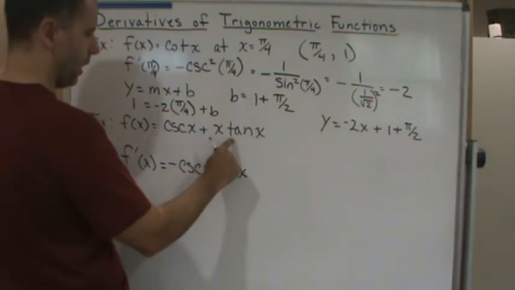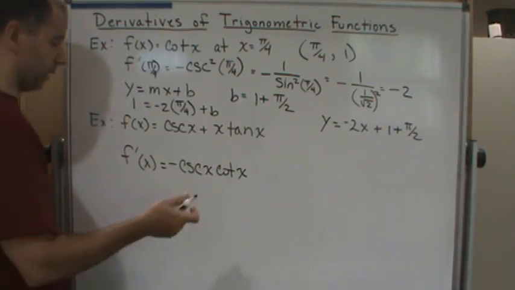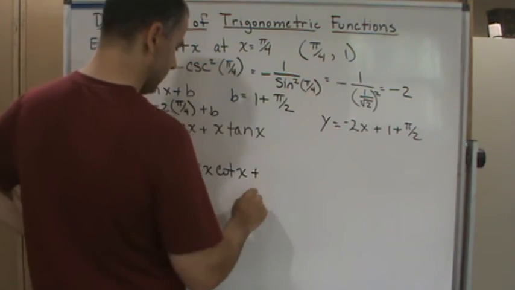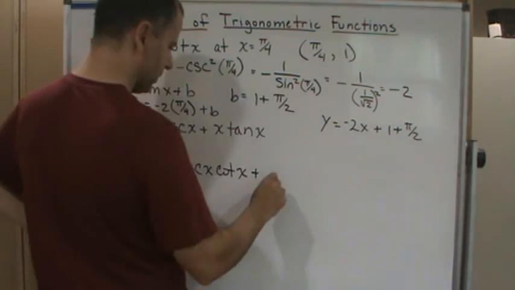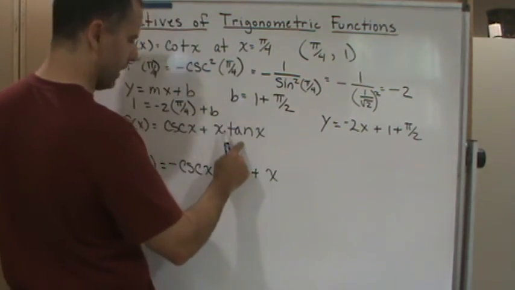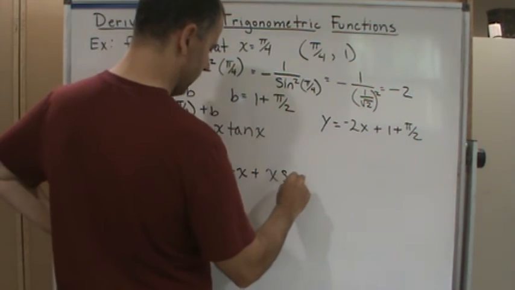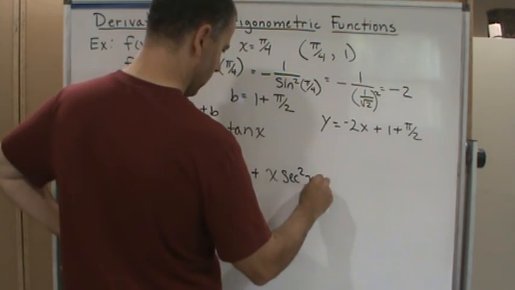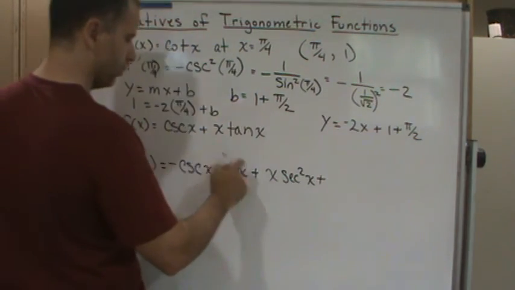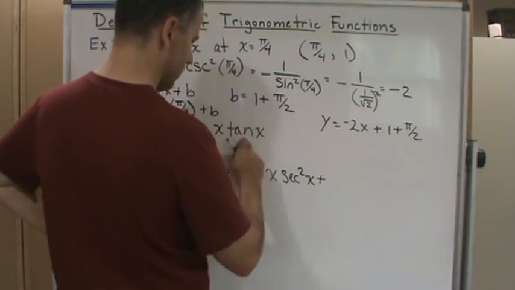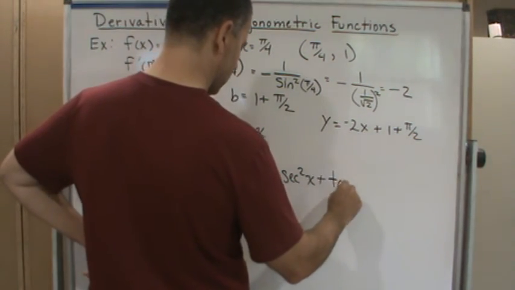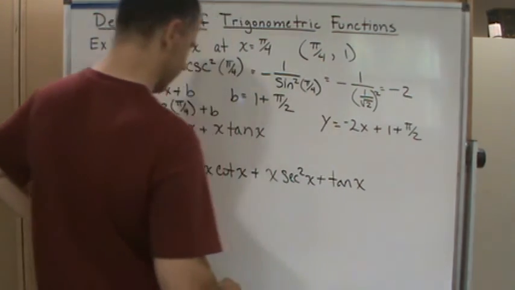Now here we've got a product of two functions, so we're going to have to do the product rule. So plus, we do the first times the derivative of the second, which is secant squared x, plus the derivative of the first, which is 1, times the second, which is tangent x.